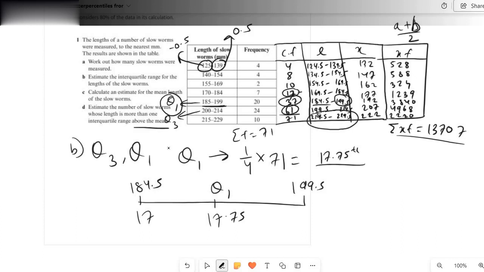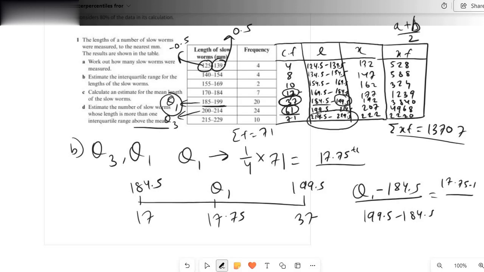And for the higher boundary, this ends at a cumulative frequency of 37. So we can use the linear interpolation technique. Q1 minus the lowest boundary, which is 184.5, divided by the highest boundary, 199.5, subtracted with 184.5, equals 17.75 minus 17, divided by 37 minus 17, which is the ratio of their corresponding frequencies.